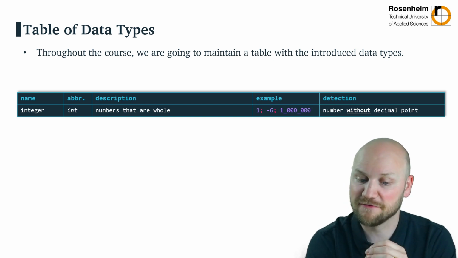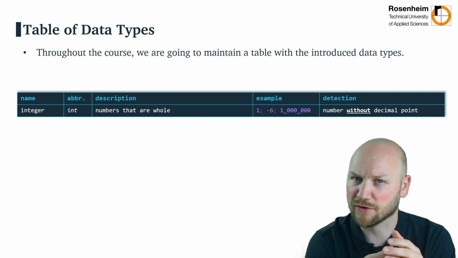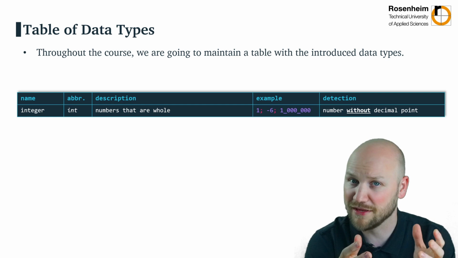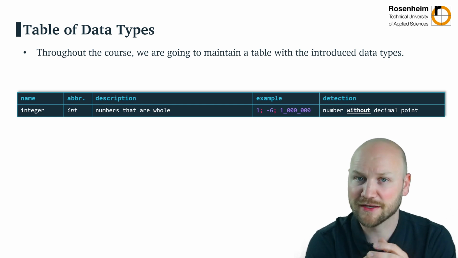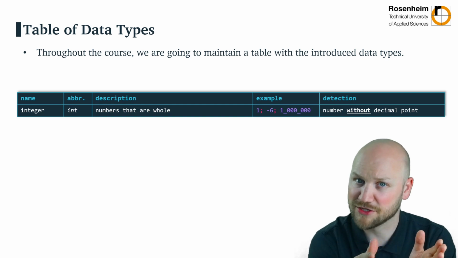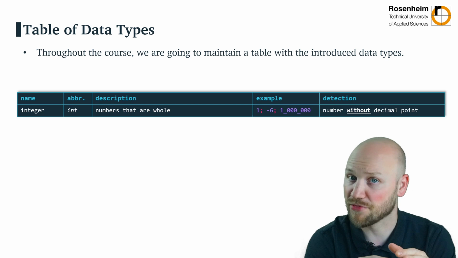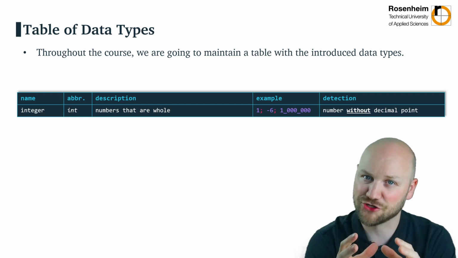And you can specify them, for example, with a 1 or -6, so negative numbers are possible. If you have large numbers, you can also have underscores in the formatting to make it clearer that you have 1 million, and 1 billion and so on. For example, it's very common to have an underscore every 3 digits, and the detection is if there's a number without a decimal point, it's an integer.